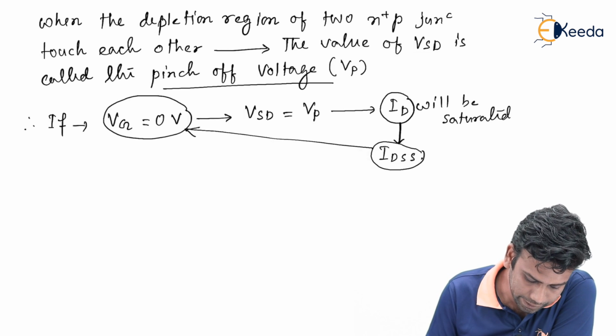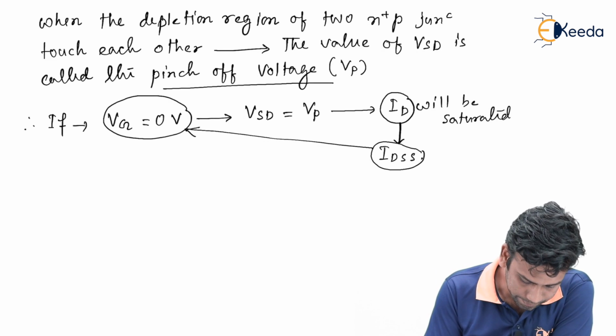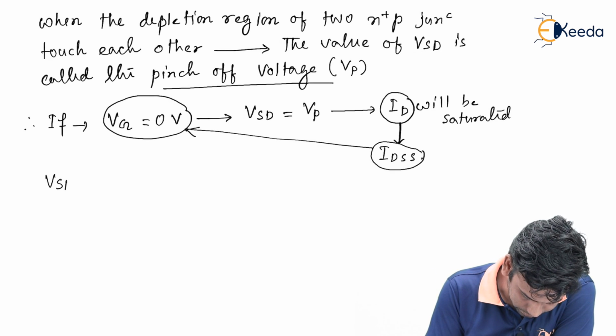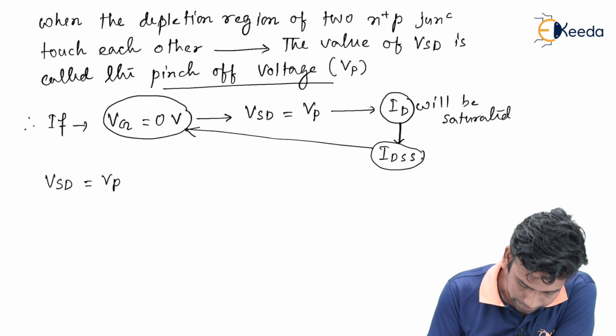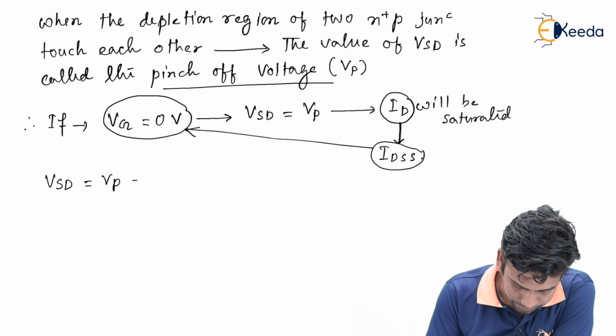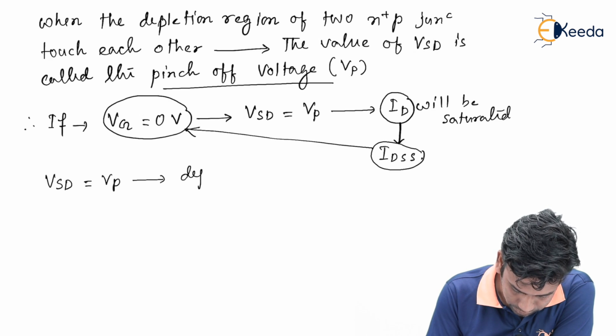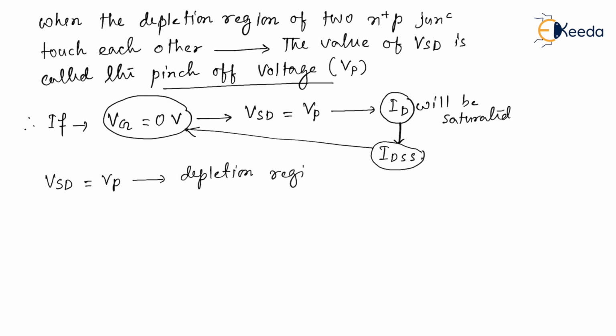For this we can write, that is, when VSD is Vp, that is the pinch off voltage, the depletion region will be widened up and touch each other.